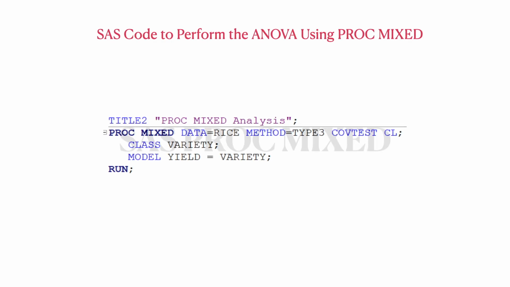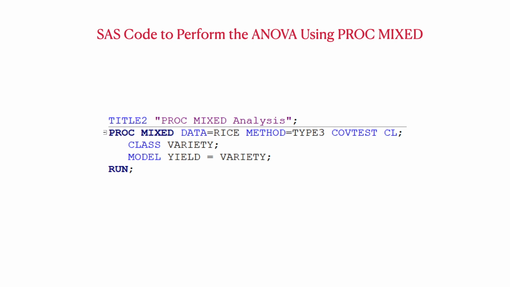Next, we're going to use PROC Mixed to perform this analysis of variance. And we're going to do this because it's easier to get the confidence limits for the confidence interval for sigma squared directly using PROC Mixed. And so here is the SAS code to perform the ANOVA using PROC Mixed.